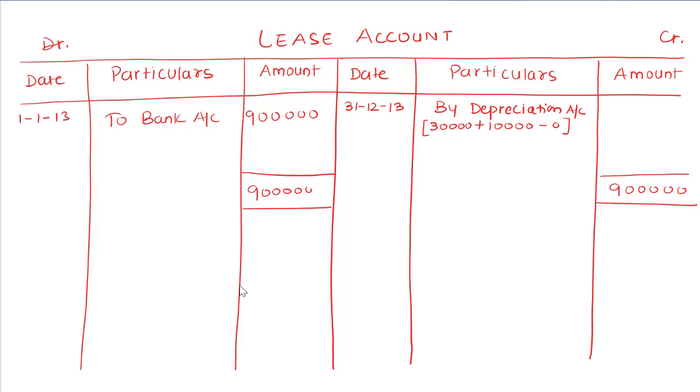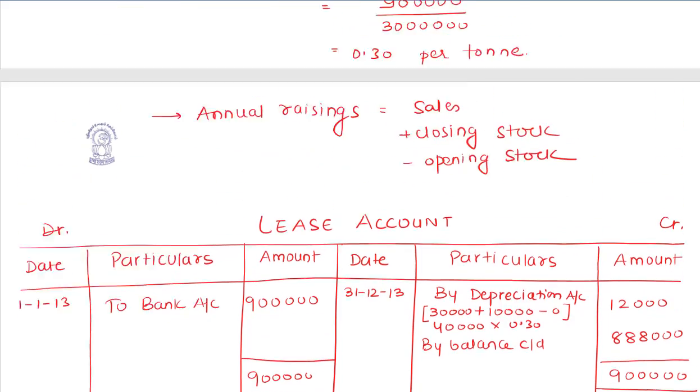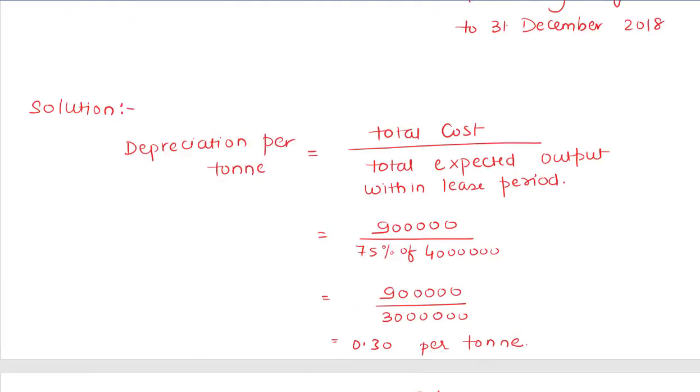So it is 40,000 multiplied by 0.30, which comes to 12,000. So depreciation is 12,000. By balance carried down 8,88,000.